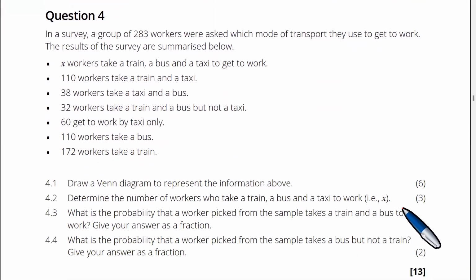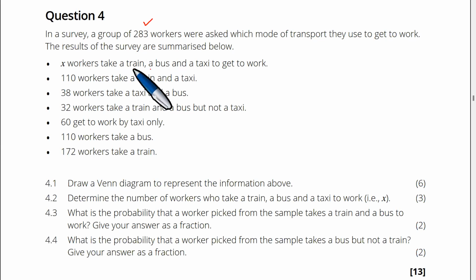The next question now is question 4. A total of 283 workers were asked which mode of transport they use to get to work. The results of the survey are summarized below.